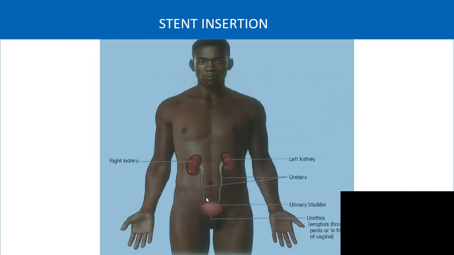Next, we need to understand stents. What is a stent, basically? A stent is a tube used to open a hollow structure. For example, the patient has stenosis in the ureter, so the patient is unable to urinate.